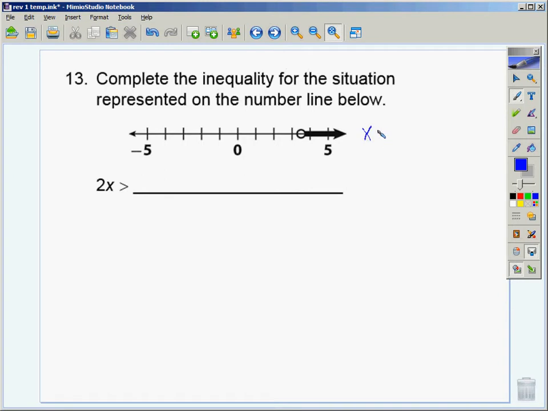This says x is greater than 3.5 in the graph. And they're asking, what could I put in this space so that the inequality would look like this? In other words, they're asking me, what number am I going to divide by 2 that's going to give me 3/2?